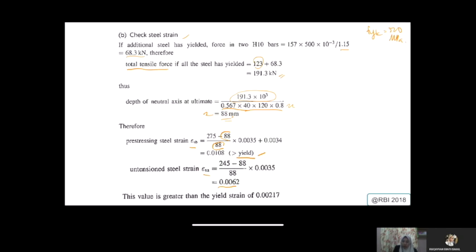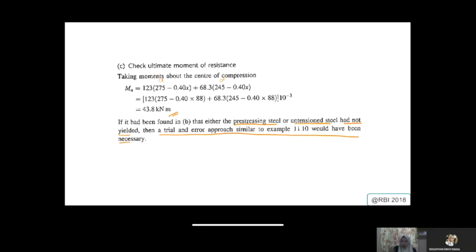Since we see that it's yielded, the value is greater than the yield strain, so it means that your steel is yielded at that point. So it's not necessary. But if you found it's not yielded, meaning it's lesser, then you have to repeat what you have done in your previous example to get your ultimate moment value.